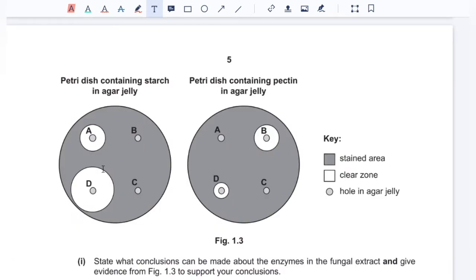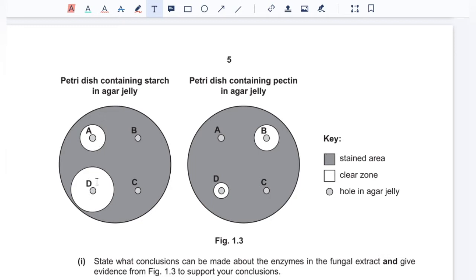So in the petri dish, which contains starch and agar jelly, the enzyme amylase will digest the starch and create this clear zone, which is the area which does not have starch. So as you can see, a clear zone is observed around solution A and D, which means that holes A and D have the enzyme amylase, and A was 1% amylase, whereas D was produced using the extract.